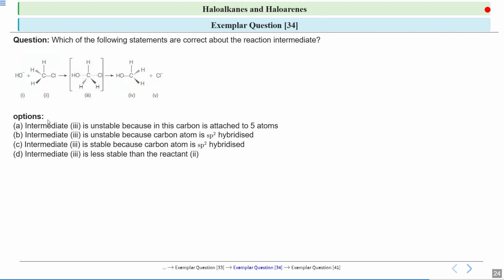The options are: A, intermediate third is unstable because in this the carbon is attached to 5 atoms. B, intermediate third is unstable because carbon atom is sp2 hybridized. C, intermediate third is stable because carbon atom is sp2 hybridized. Or D, intermediate third is less stable than the reactant second.